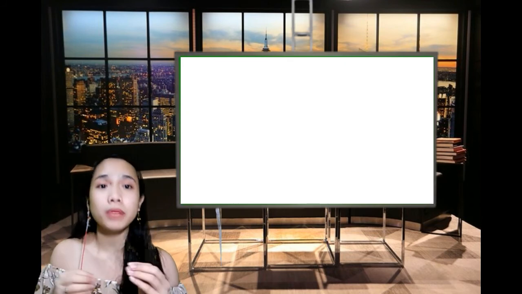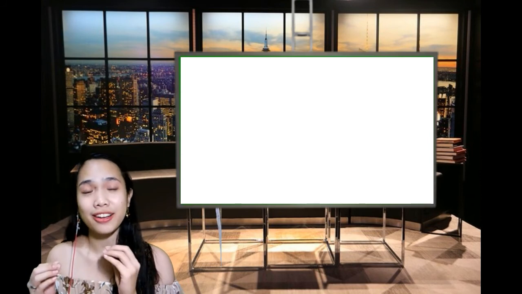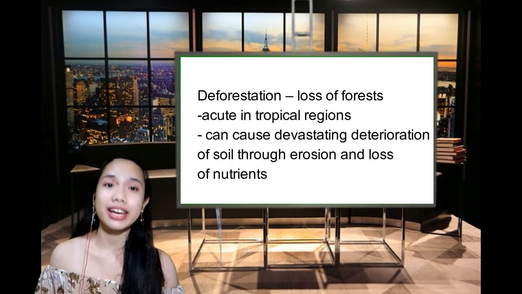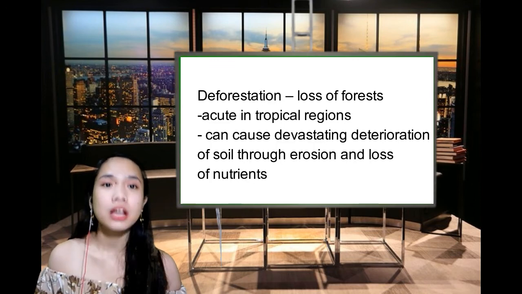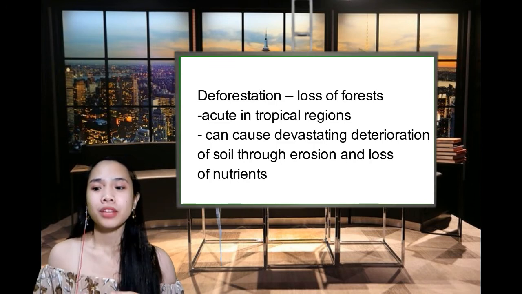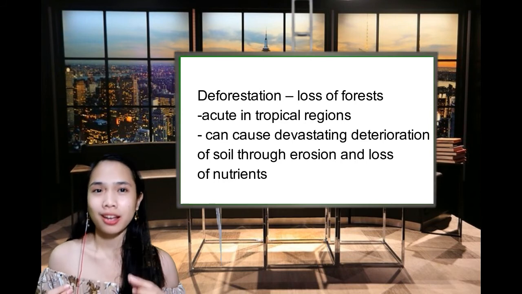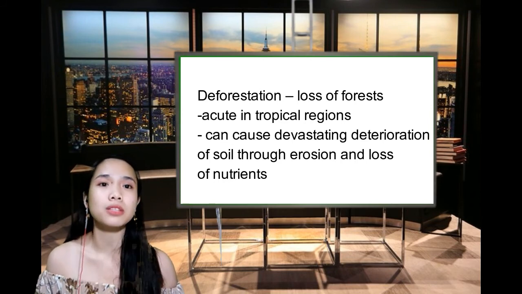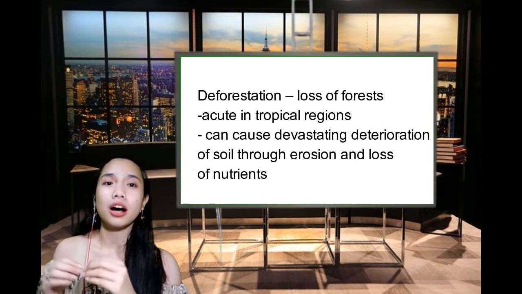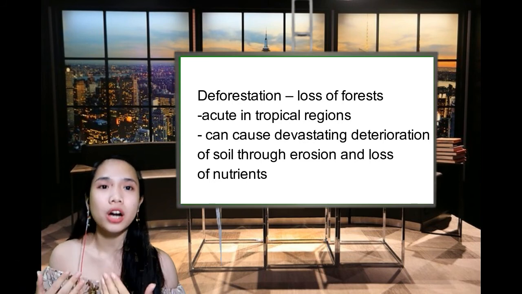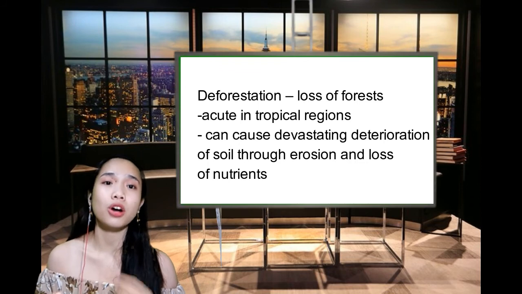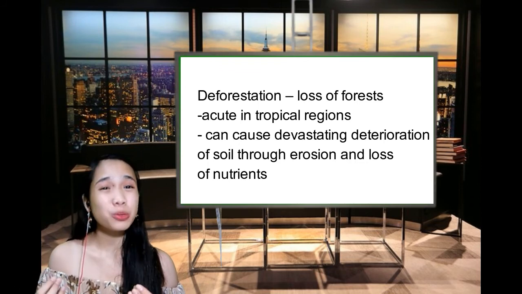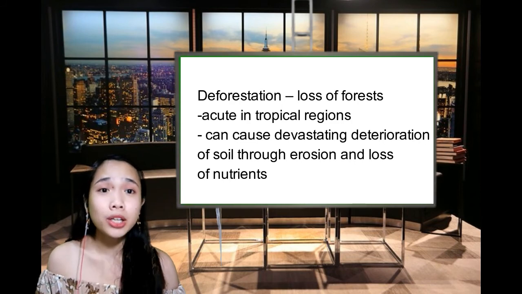So another problem aside from desertification is deforestation, which is the loss of trees. So kahit na sinasabi na this is less of a problem sa tropical regions because the forest there already includes existing species of animals and plants, but anyway, it's still a problem in our country.